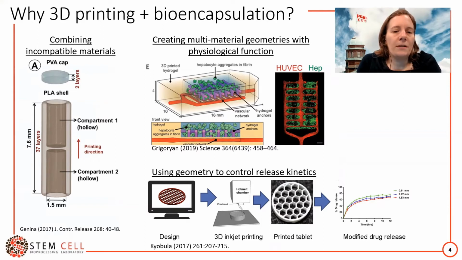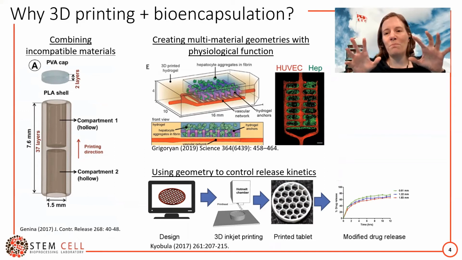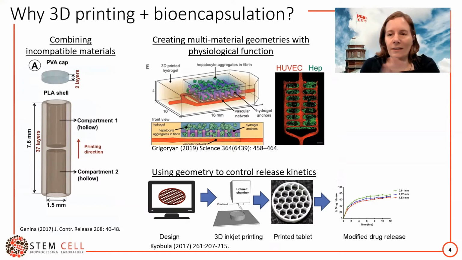So these are some of the applications where you have a merge of that Venn diagram between encapsulation and 3D printing. Again, this is not an exhaustive list, but one example would be if you want to combine 2 active ingredients that are incompatible, so they don't need the same microenvironment to sustain their activity.